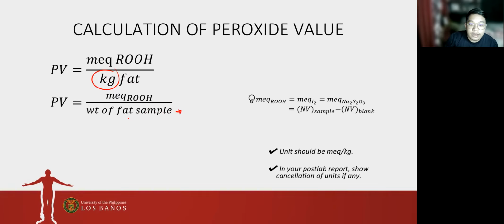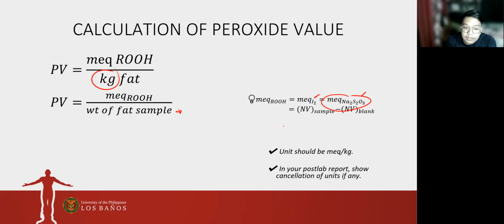And then your milliequivalent ROOH ay equal dito sa ating milliequivalent of I2 and milliequivalent of sodium thiosulfate. And na meron tayong information or data is the equivalence of sodium thiosulfate from the titration data.